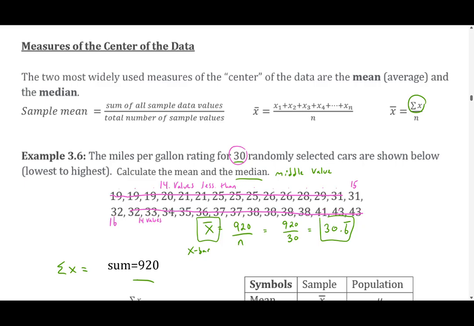So that means that the median, which does not have a specific symbol, we just write the word median, would be the average, or the mean, of 31 and 32. To find that, we add 31 plus 32 and divide by 2, and we get that the median is 30.5.